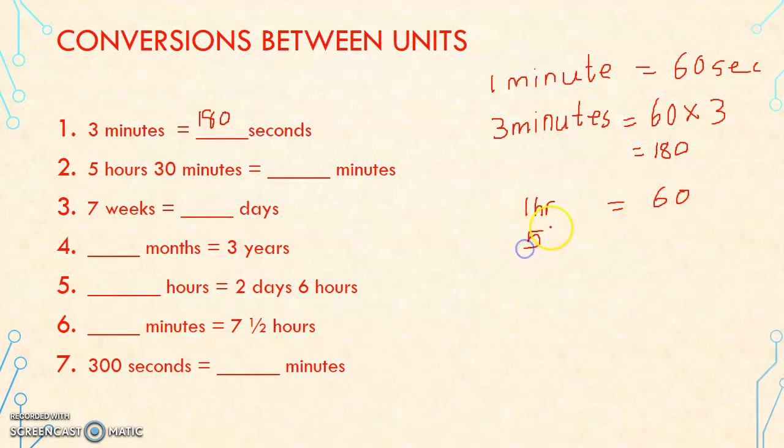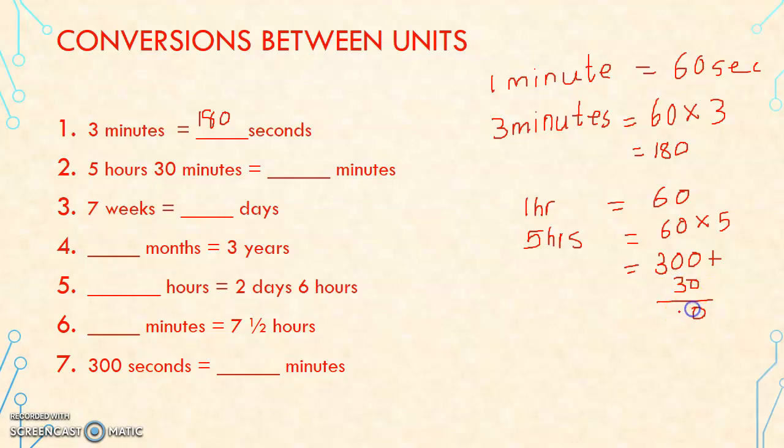ഇപ്പൊ എത്ര hours ഉണ്ട്? 5 hours ഉണ്ട്. 5 hours എത്ര minutes ആണ്? 60 into 5. 60 into 5 എത്രയാണ്? 300 minutes ആണ്. 5 hours is 300 minutes. 5 hours 30 minutes എത്ര minutes ആണെന്ന് ഫൈൻഡ് ചെയ്യണം. So 300 minutes ന്റെ കൂടെ we have to add another 30 minutes.